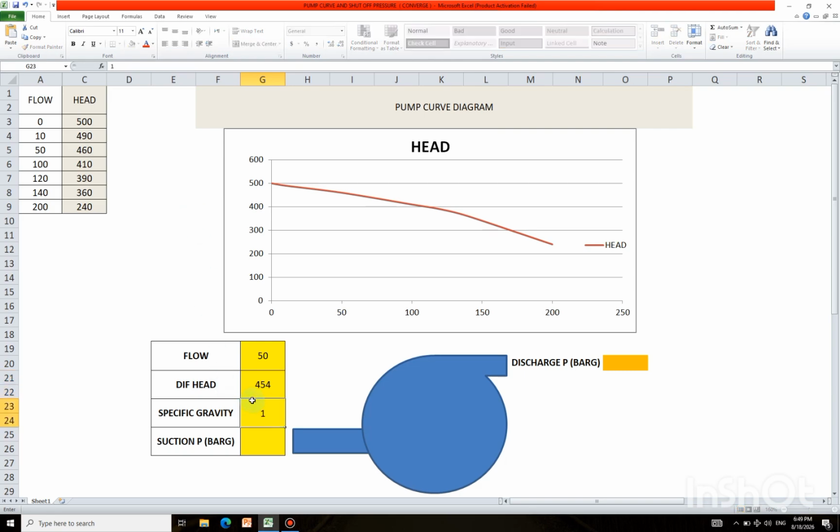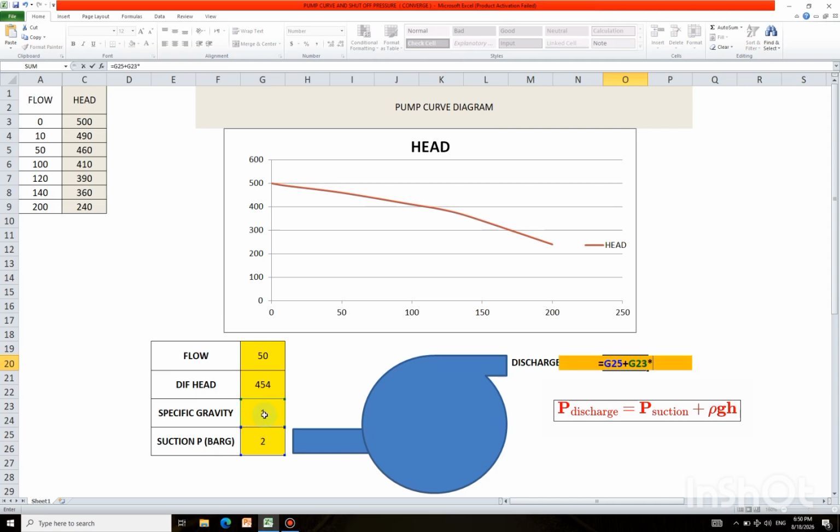So let's consider we have water, whose specific gravity is 1. Let's say our suction pressure is, for example, 2 bar gauge, and I want to now find its discharge pressure, which is the suction pressure plus rho g h, right?